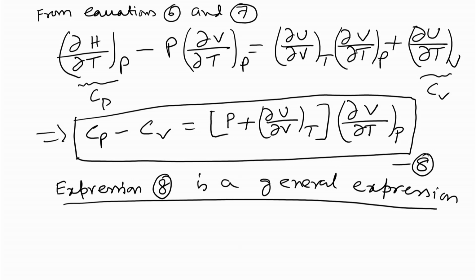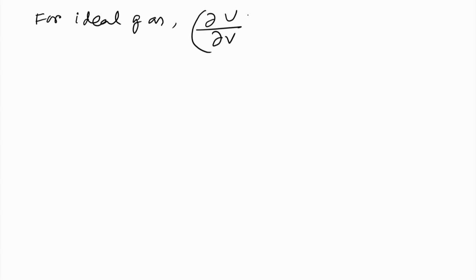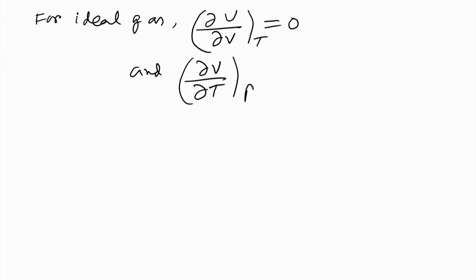Okay. So, for ideal gas we know del U by del V at constant temperature is 0 and del V by del T at constant pressure equals nR by P. Okay, how are we getting this?